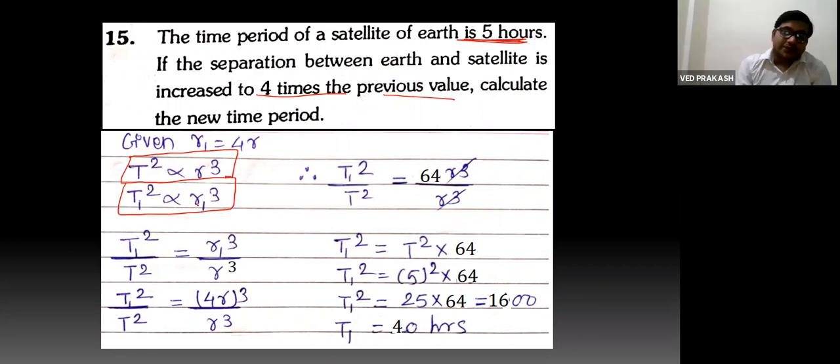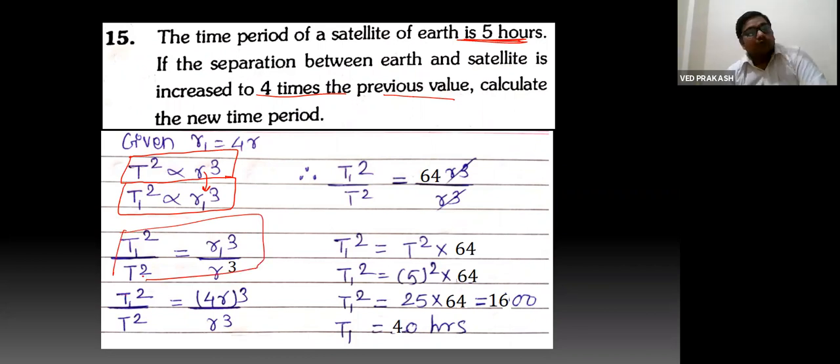So T1 square would be proportional to r1 cube, because r changes to r1, right? So again, if you divide these two equations, you will get a relation in r1, r and T1 and T. What is r? R was the initial separation and r1 is the final separation. So by simplifying it, you will get T1 equal to 40 hours. The value of T was 5 hours. But if you make the separation 4 times, then the time period of revolution becomes 8 times, 40 hours.